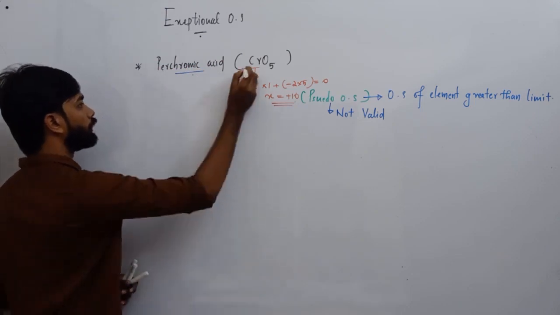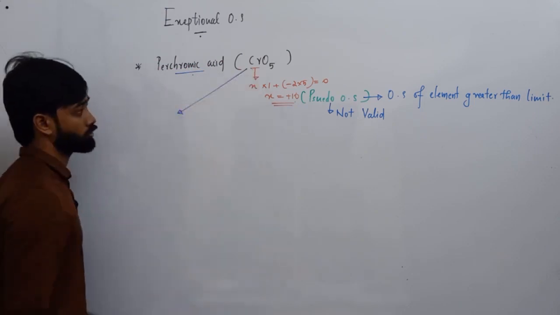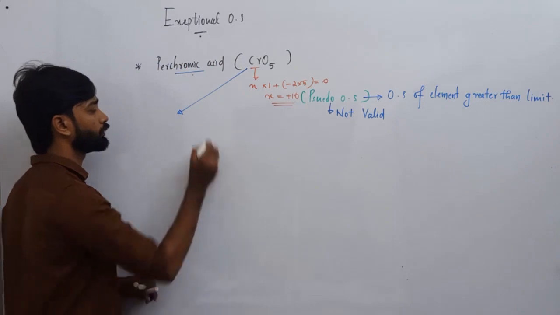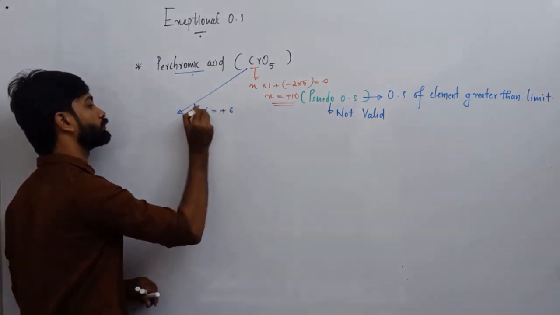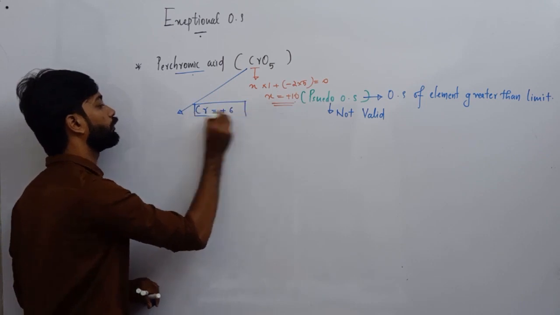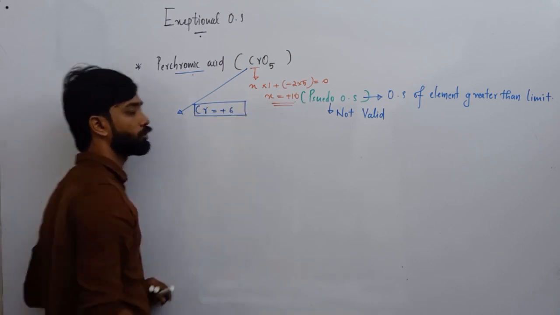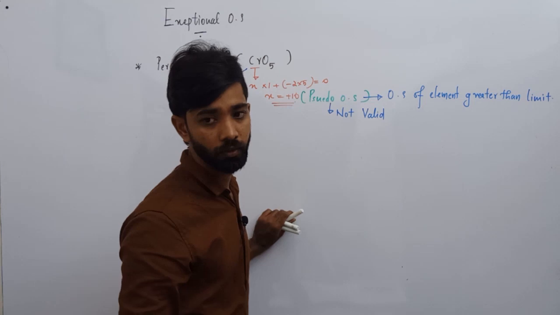So let's check what is the actual oxidation state of chromium. The actual oxidation state of chromium is +6. So you have to know that it is +6.